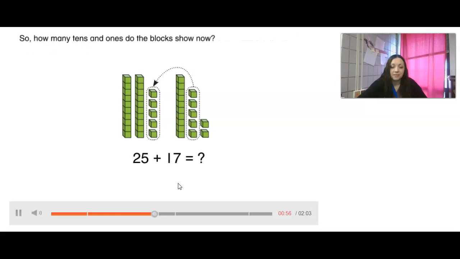So, how many 10s and 1s do the blocks show now? So how many 10s do we have? We have 1, 2. Remember, this is one group together, so 3, 4 10s, and then how many 1s are left over? 1, 2. So if I have 4 10s and 2 1s, what number is that? 10, 20, 30, 40, 41, 42.